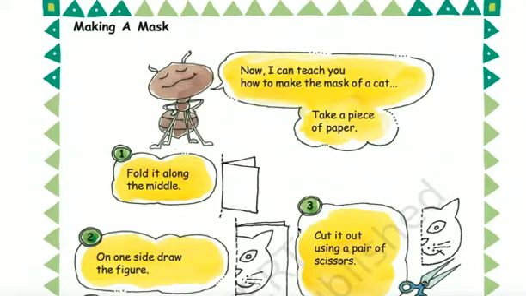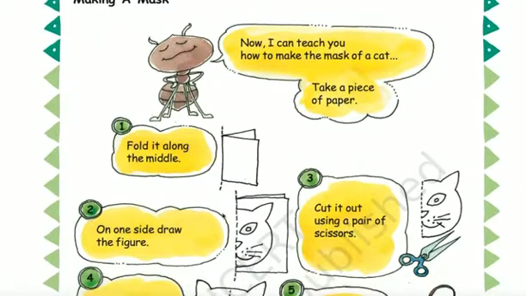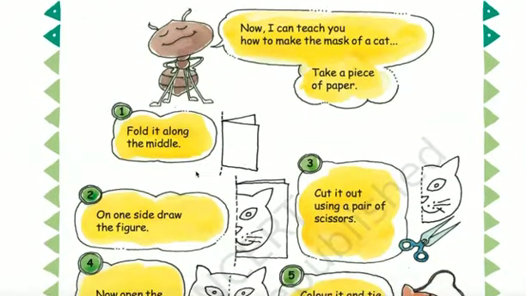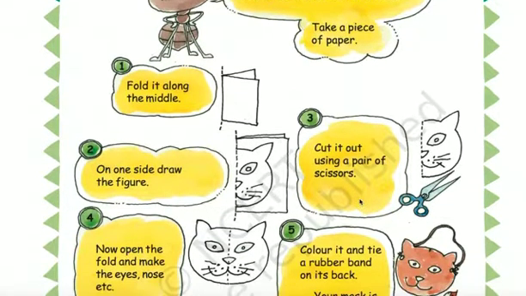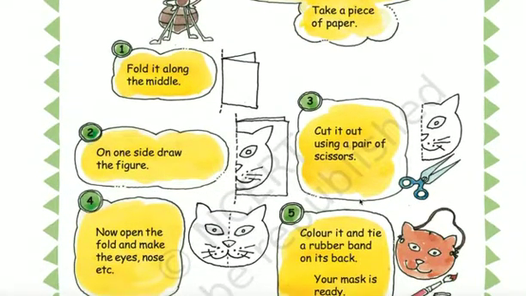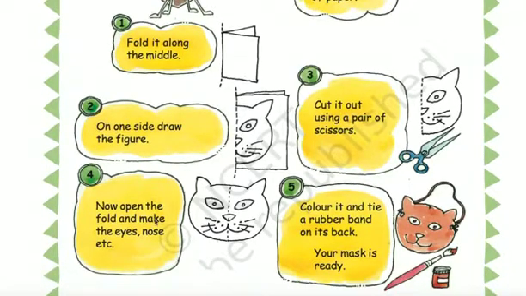Making a mask. Now I can teach you how to make the mask of a cat. Take a piece of paper. Fold it along the middle. Once I draw the figure, cut it out using a pair of scissors. Now open the fold and make the eyes and nose.